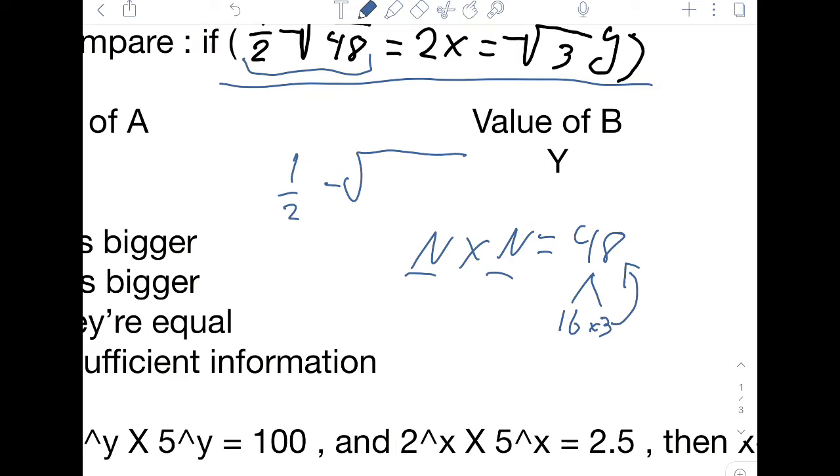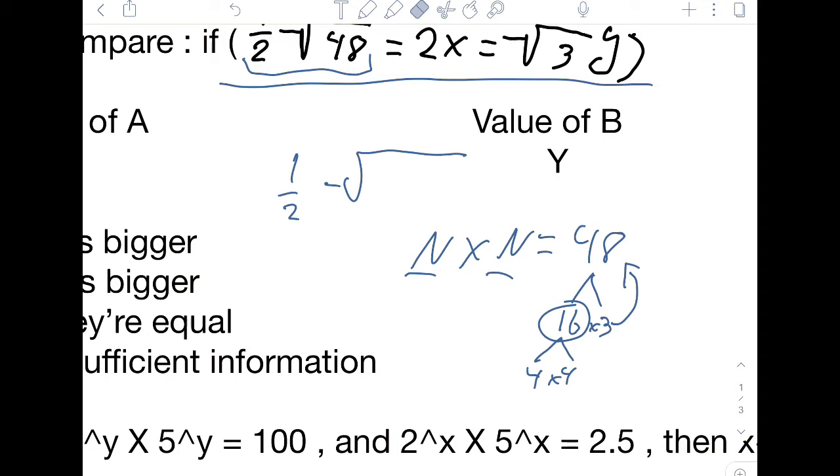But so these are two numbers, and 16 is divisible by 4. So 4 times 4 gives you 16. They call this a perfect square because it is square rootable. So it's able to be square rooted.